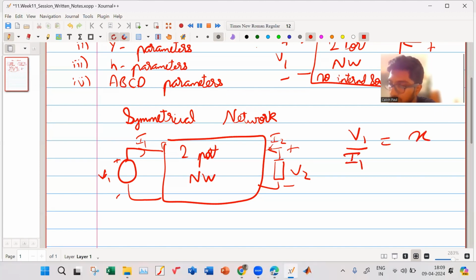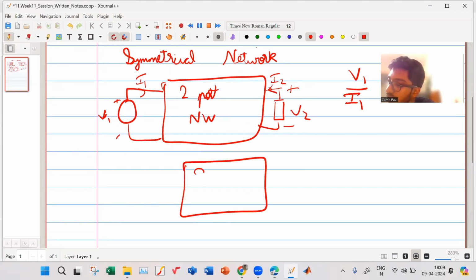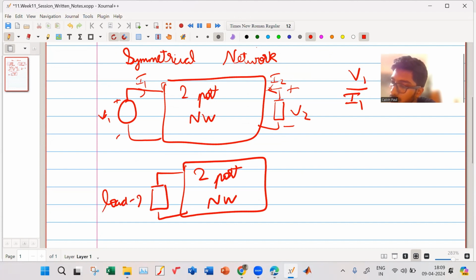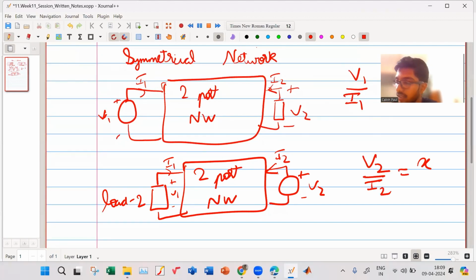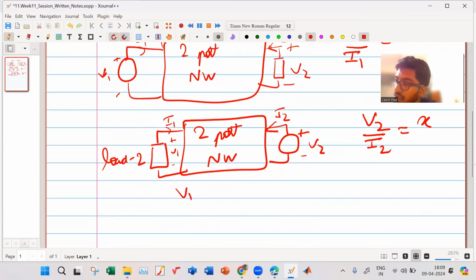Suppose V1 upon I1 is some X. Now this same two-port network, with some other load, this is some V1, some I1, some V2, and I2. Now, in case V2 upon I2 is also equal to X, so V1 upon I1 is X and V2 upon I2 is X, effectively V1 upon I1 is equal to V2 upon I2, then you say your network is symmetrical.